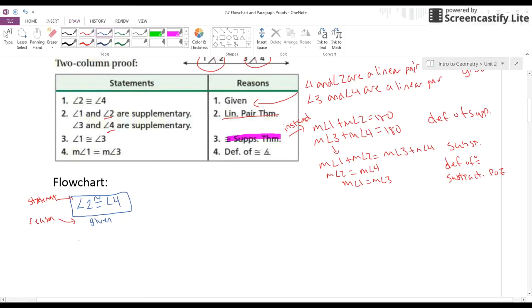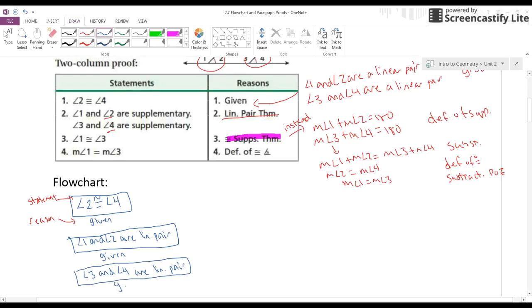So if I want to use more given, for example, if I'm going to add in that given angle 1 and angle 2 are a linear pair, right, as my given, and also angle 3 and angle 4 are a linear pair, I can line them all up like this, but because they have nothing to do with each other, those arrows in your flowchart aren't going to link these boxes together.